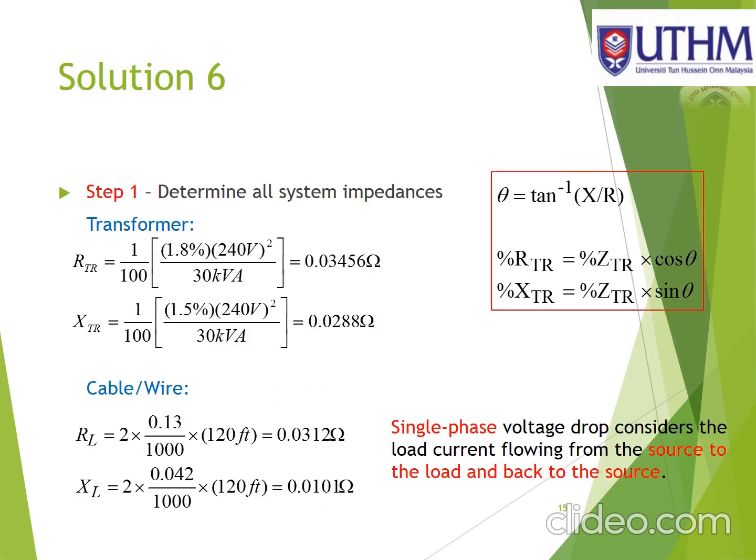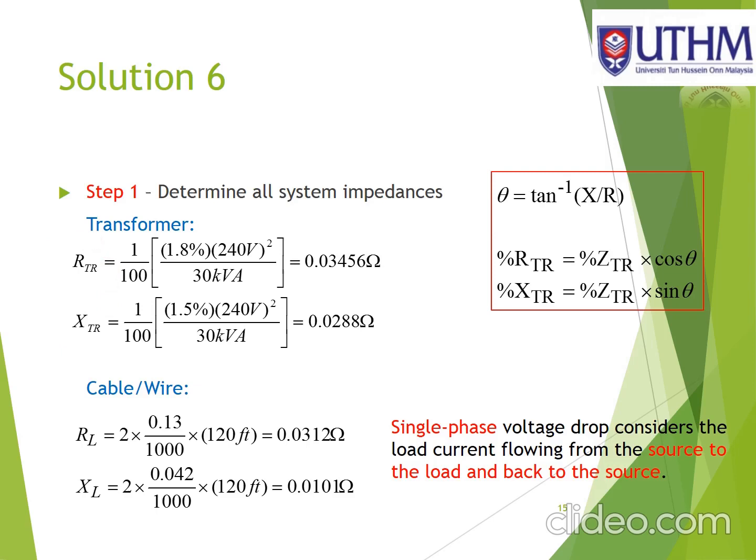Okay, this is the solution for example number 6. Step 1, determine all system impedance. So we have transformer, cable and also load. For the transformer, by using this formula, we can get the impedance.